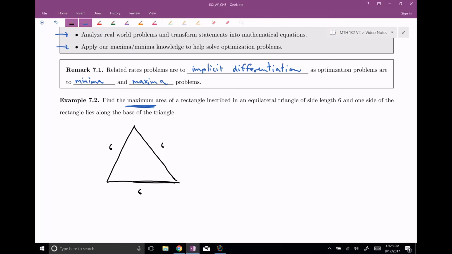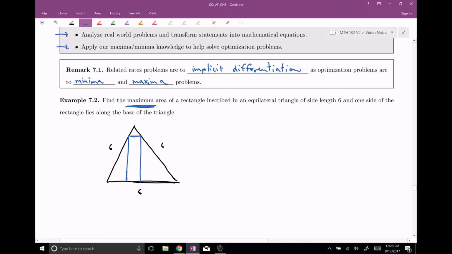I don't know exactly what it looks like. The only thing I know is that one side of the rectangle lies along the base of the triangle, at the bottom here. So I'm going to try to draw something that looks like this. Here is a rectangle. It's inscribed in this equilateral triangle, and one of its sides is on the base of the triangle.